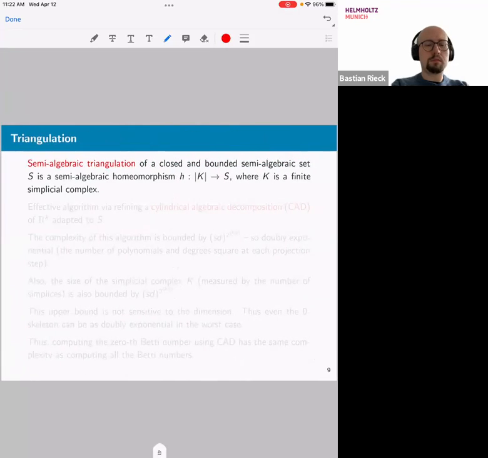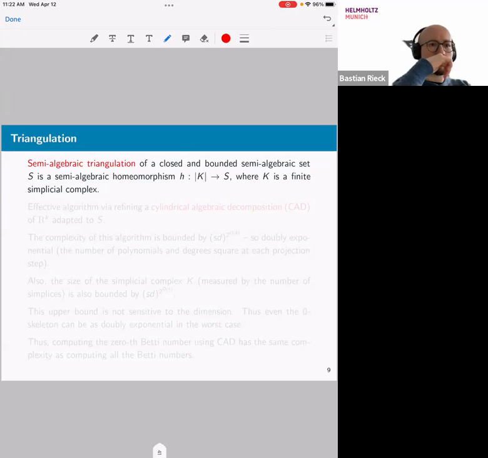So today, mostly, I'm going to go back to this question, because if you want to compute topological invariants of a semi-algebraic set, one way is to reduce it to a combinatorial topology problem of computing topological invariants of some finite simplicial complex.